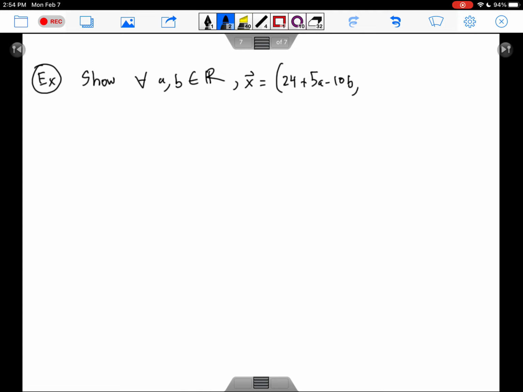First component, 24 plus 5a minus 10b. Second component, negative 8 minus 4a plus 3b. Then a, and then b. So show that that solves the following system.